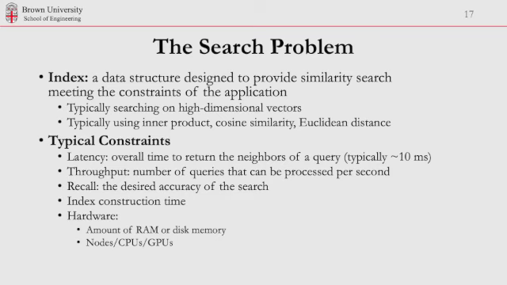But for something like patent search, you might want 100% recall to make sure no one's thought of this product before. So, different applications. And then index construction time: you want to be able to build your index in a reasonable amount of time, a few hours, maybe a day max. And you can search on all different hardware in terms of the memory you have, and the compute units you have, like CPUs or GPUs.